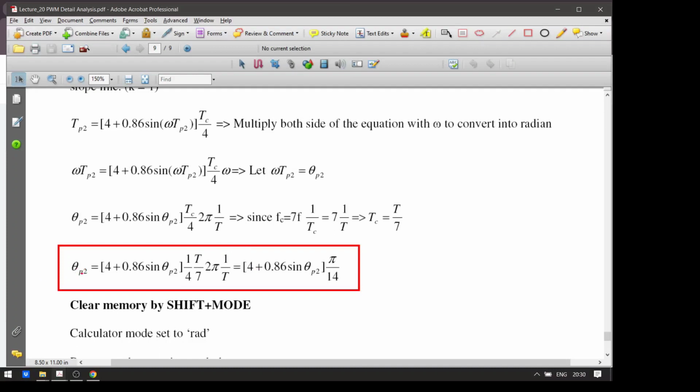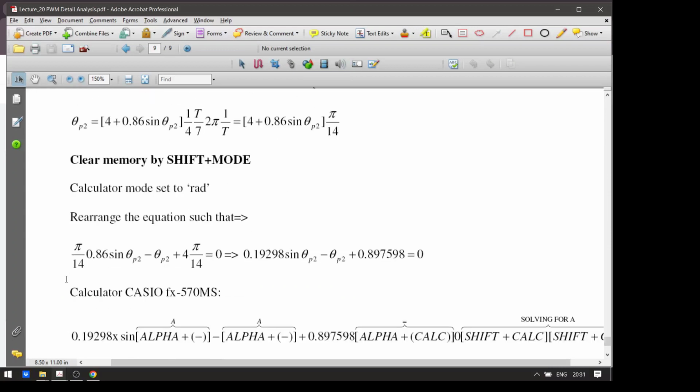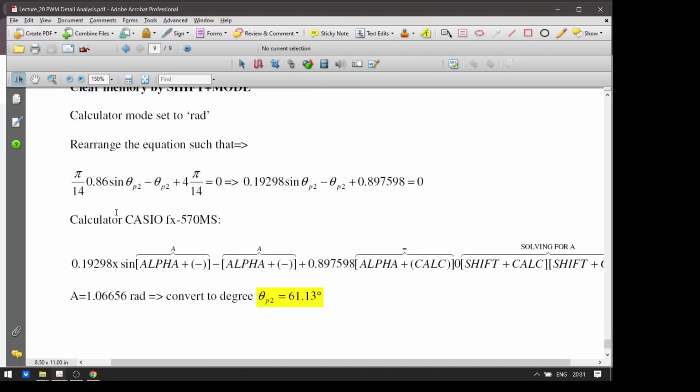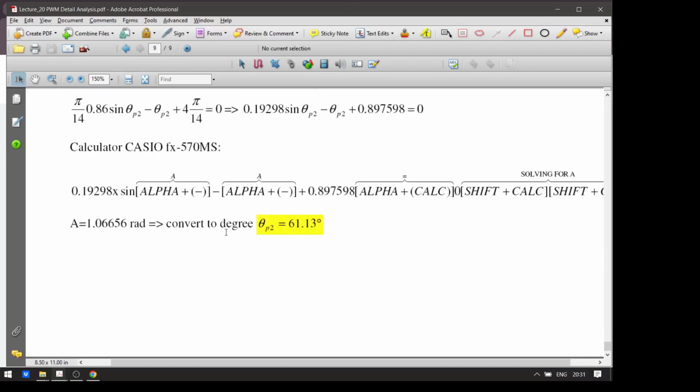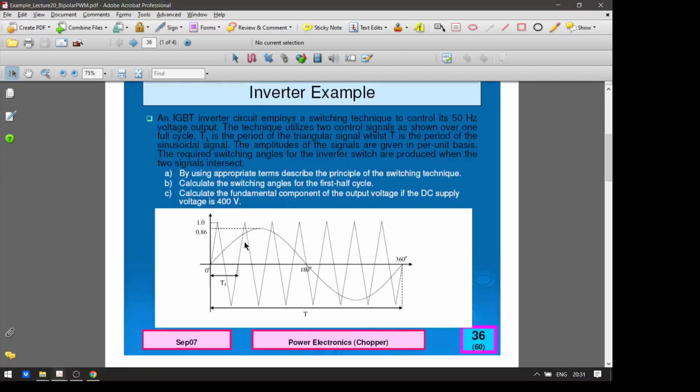So you get theta p2 equals 4 plus 0.86 sine theta p2, times pi over 14. And then it shows you how to get the angle by using the calculator. So you have to change to radians and rearrange, and how to use that. Okay, so I'll leave this for you. Right, and look at the examples again.